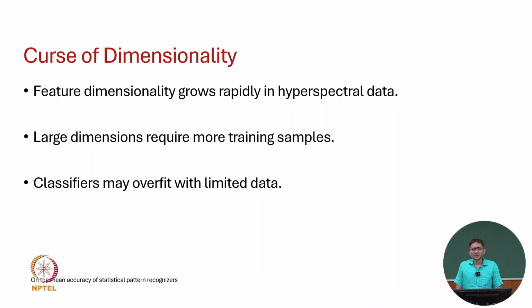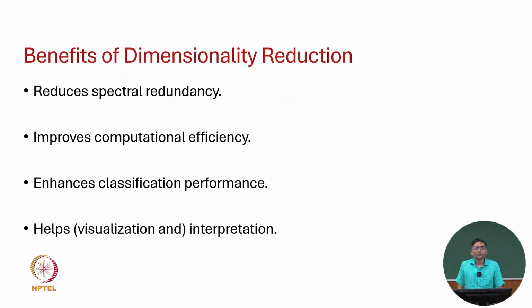We have already discussed how, if we are really not using the fine-grained discriminability in those bands, the dimensionality actually hurts. So the benefits of dimensionality reduction include reduction in spectral redundancy, and thus improvement in computational efficiency, and it may enhance classification performance as well.